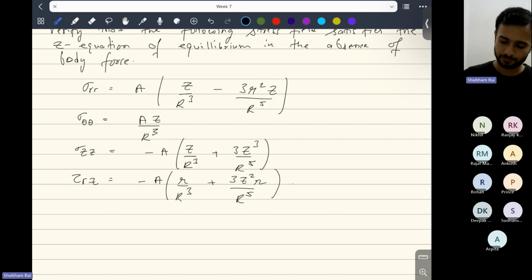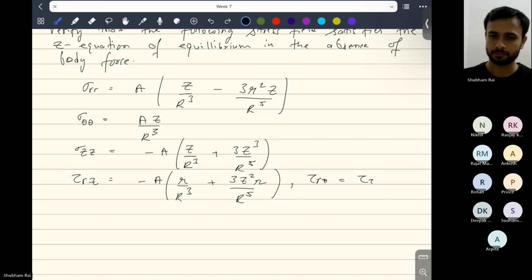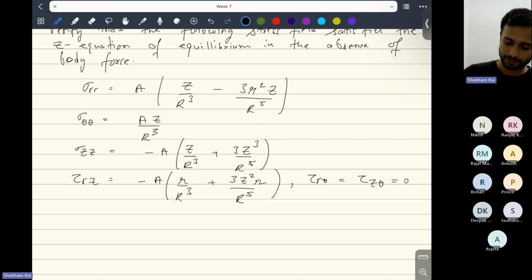Then you have tau r theta, which is equal to tau z theta, and both are 0. And there is a relationship between capital R, small r, and z: capital R is equal to small r square plus z square.